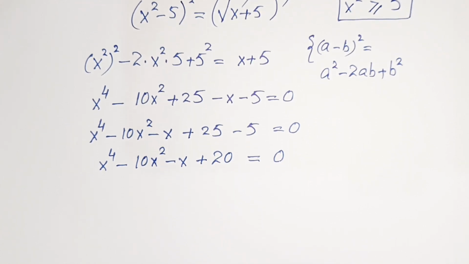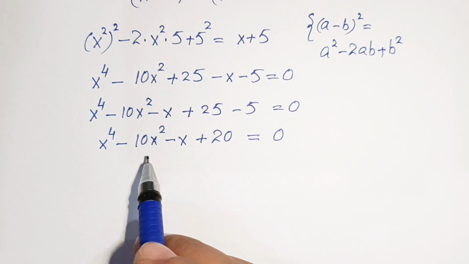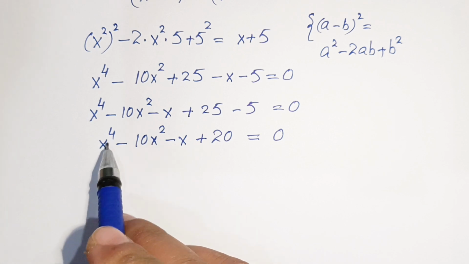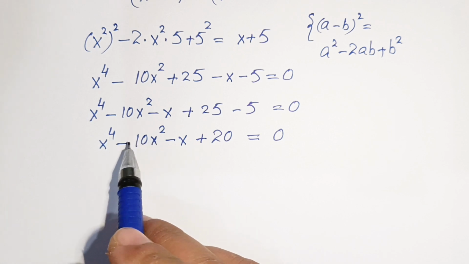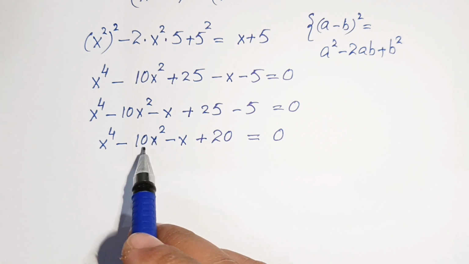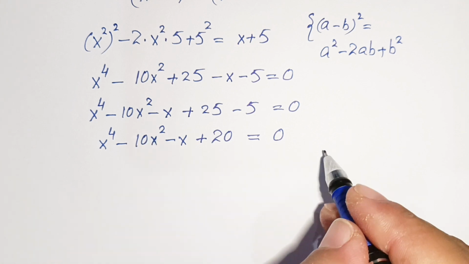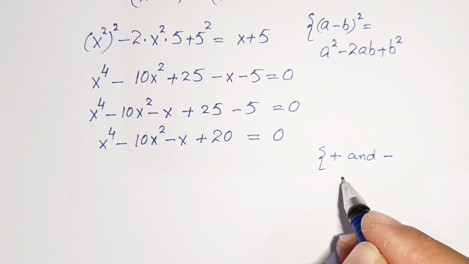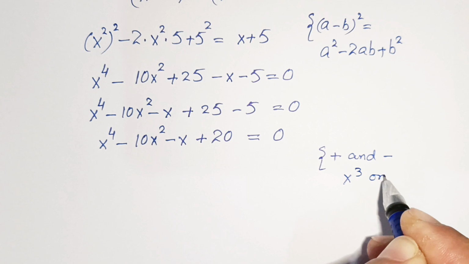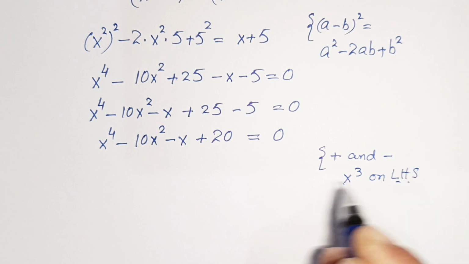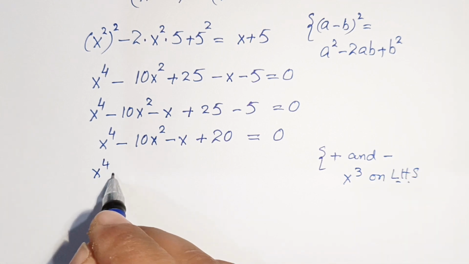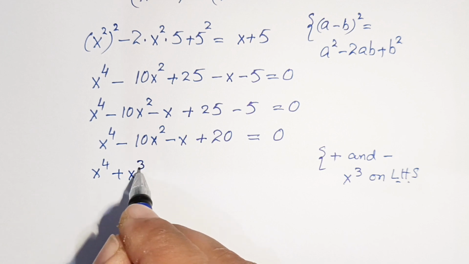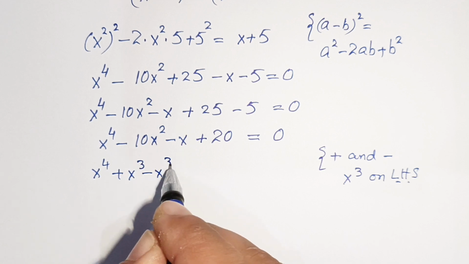Now we see that there is no third power of x, because here we have x to the power 4 and here it must be x cubed. So there is no x cubed. First of all we have to add and subtract x cubed on the left hand side. So we get x to the power 4 plus x cubed and then minus x cubed.